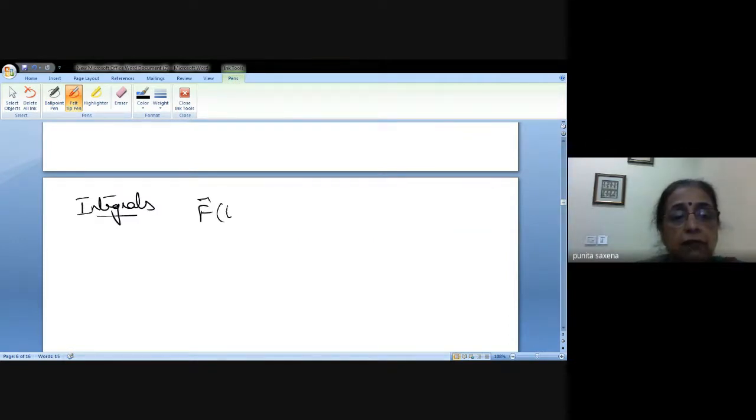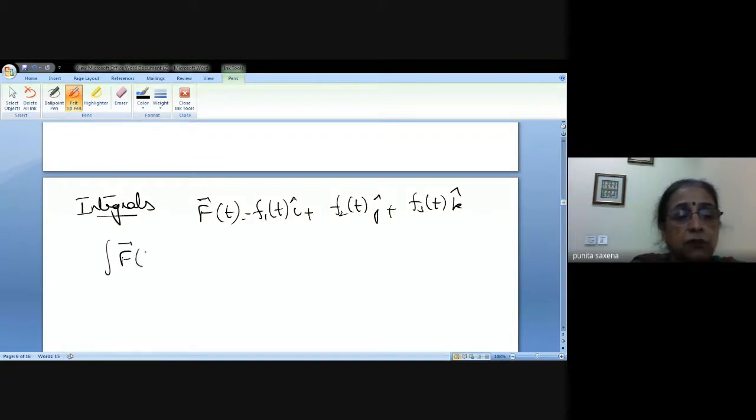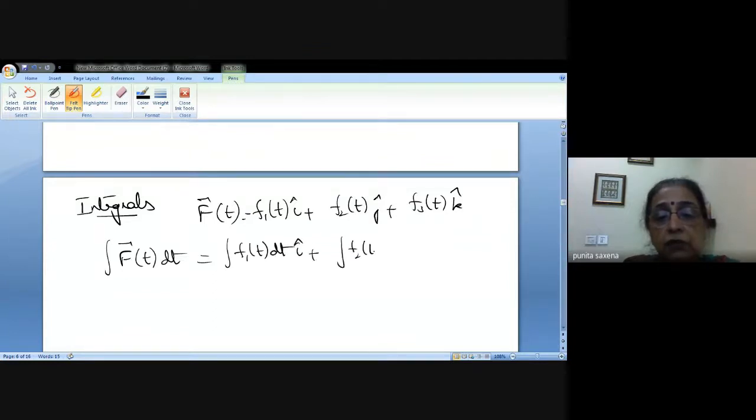So if I have f(t) as a vector valued function defined as f1(t)i plus f2(t)j plus f3(t)k, then the integral of f dt is nothing but the integral of f1(t) dt i plus the integral of f2(t) dt j plus the integral of f3(t) dt k. Now this becomes helpful when we do problems related to velocities and accelerations.